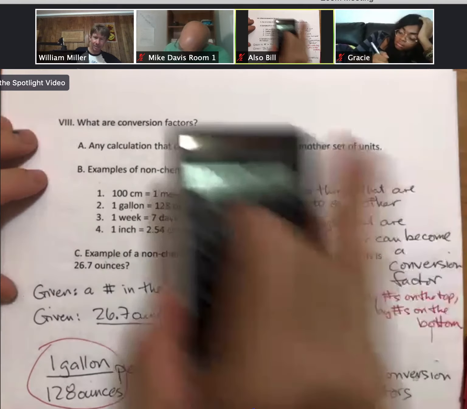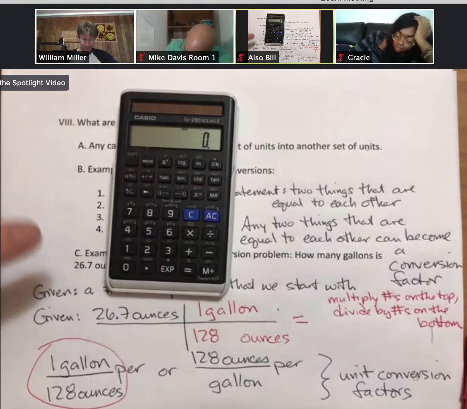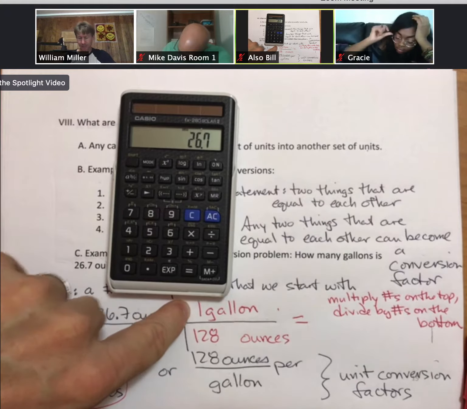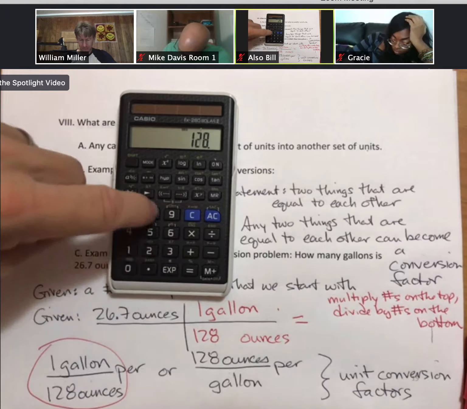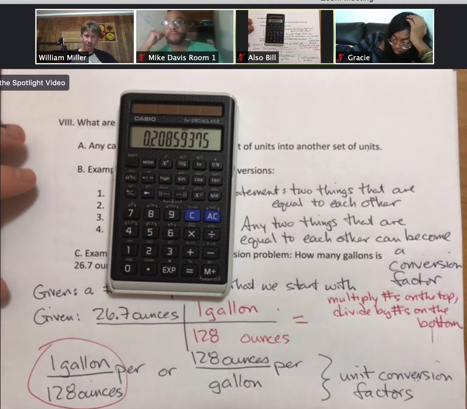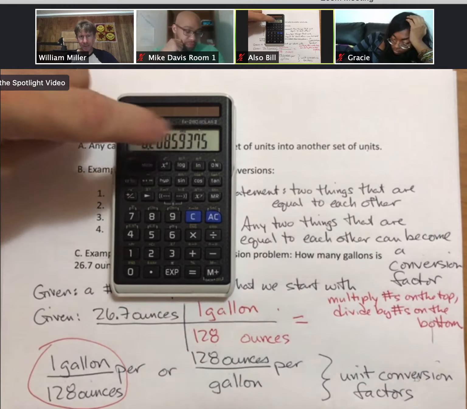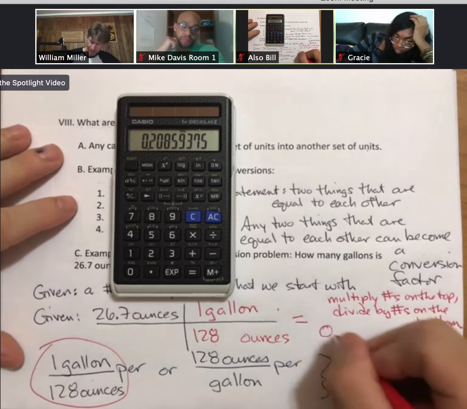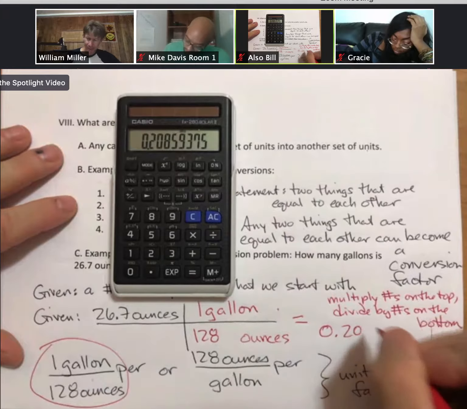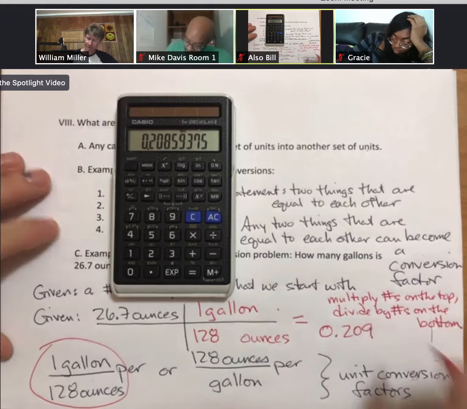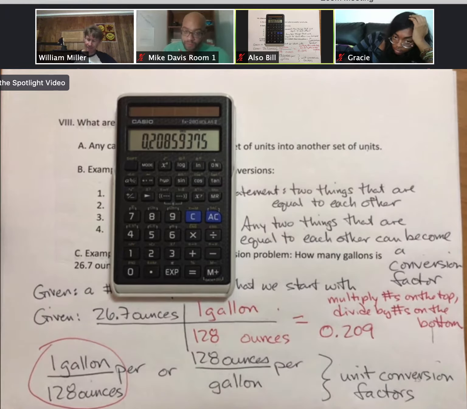Using my calculator, I have 26.7 times 1, so we don't have to do that, divided by 128. And I get 0.20, well, you see all these numbers on the calculator? We're only going to write down 3 actual numbers. So 0.20, and that 8 is going to round to a 9. 0.209 gallons.